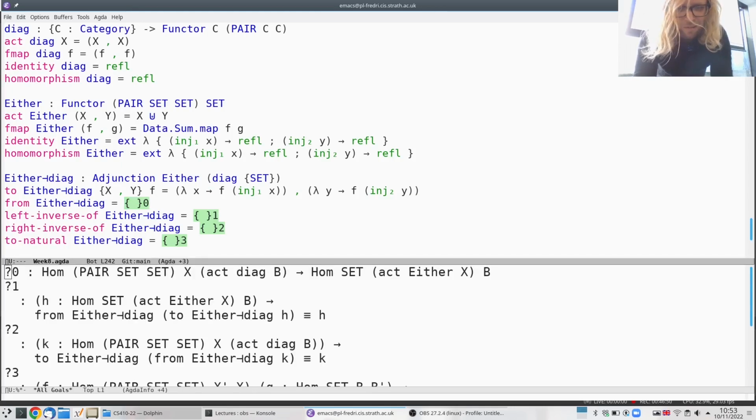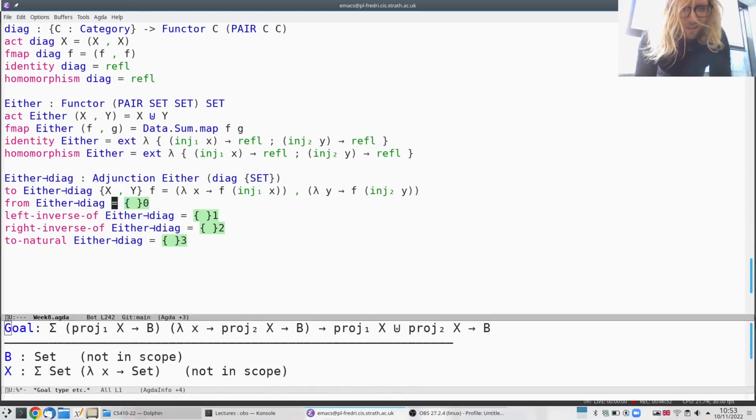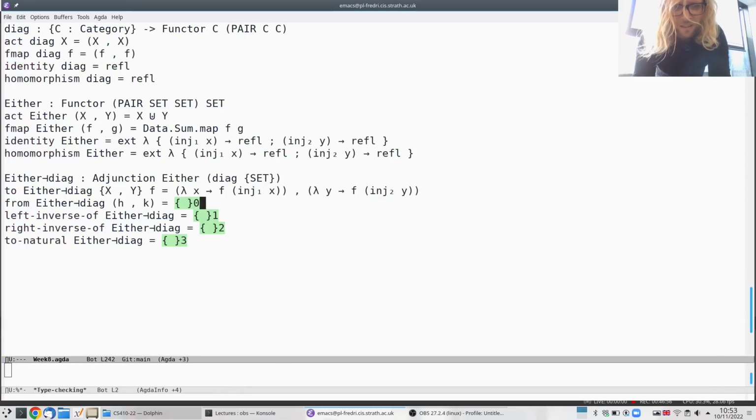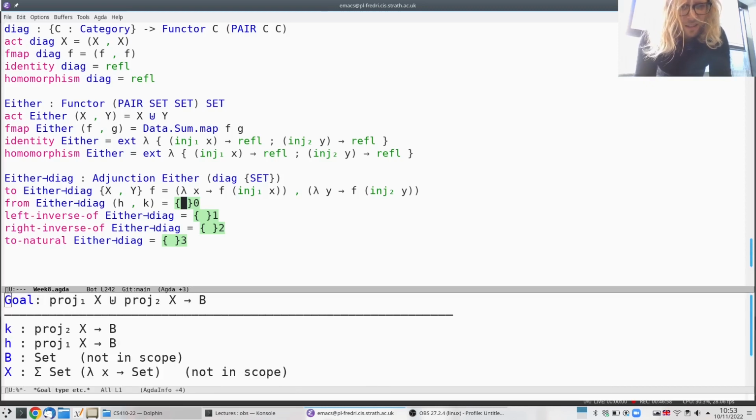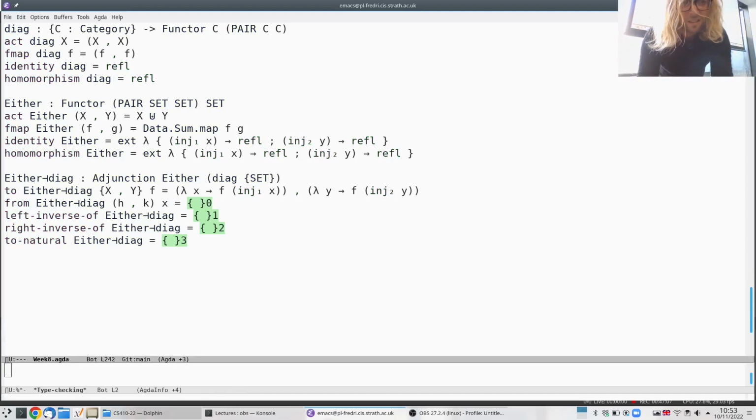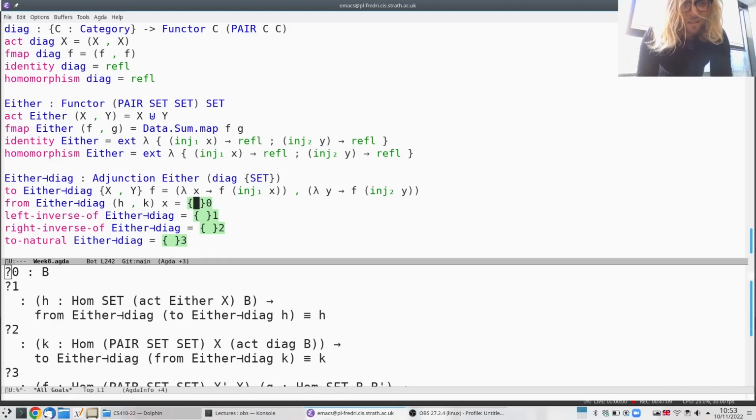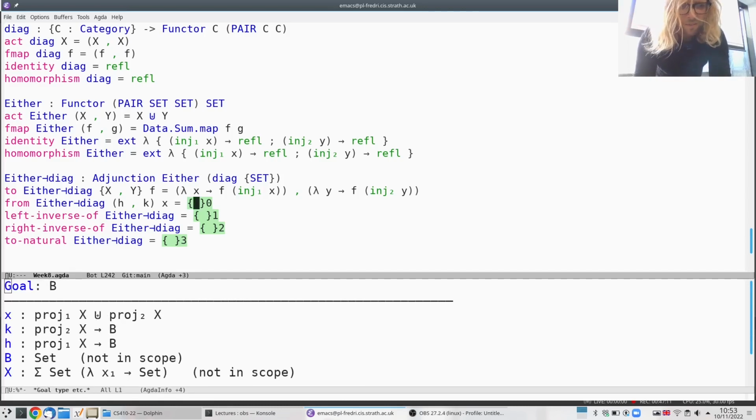And what about going the other way? So here we are now given some h and some k. And we have to make a map out of the disjoint union. So let's just look at this x. What is the x?